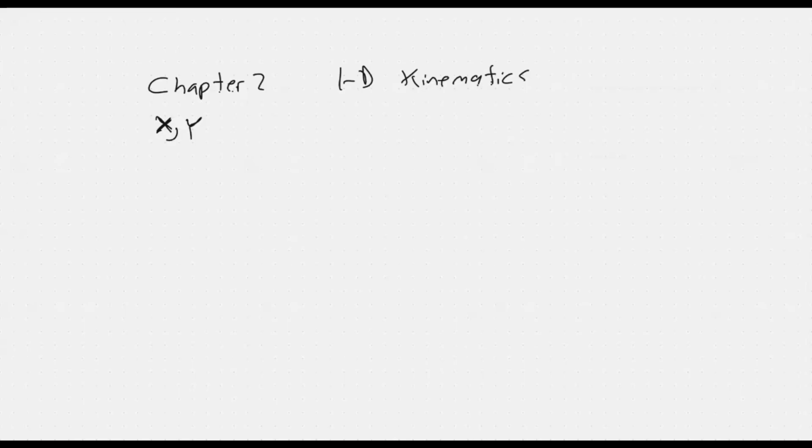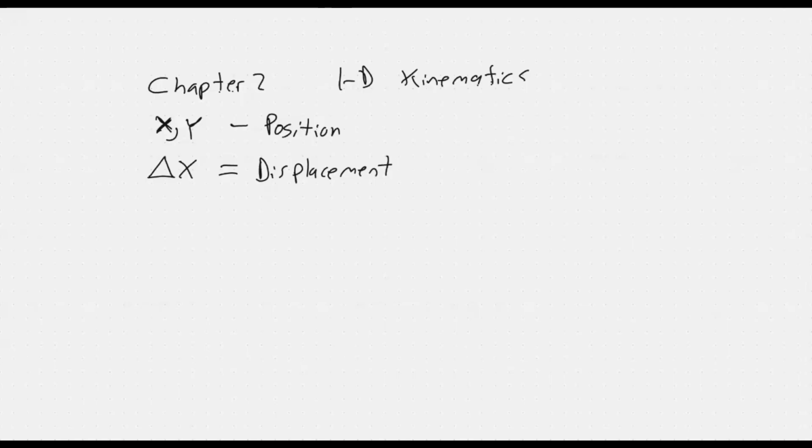So that's a position. Displacement, I'll stick with the x here. So that's a change in position. And we're going to put a hat on that, which indicates that it is a vector quantity.